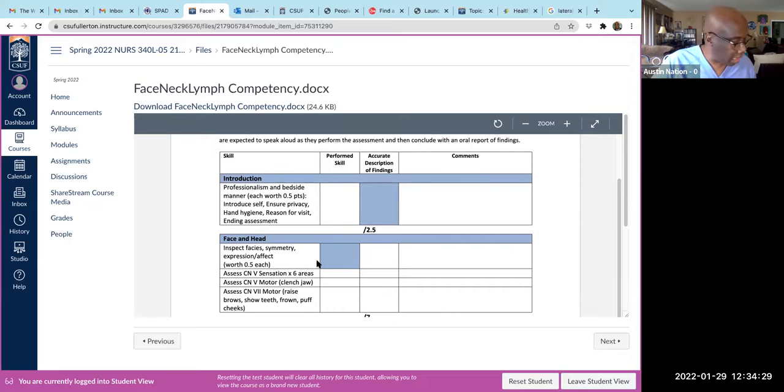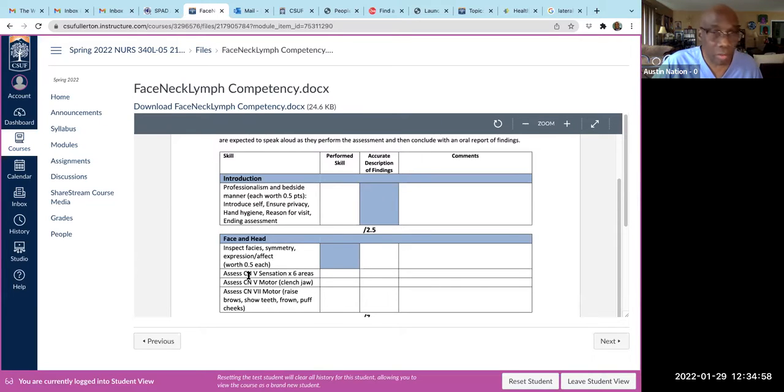This assessment is a little different because instead of the four that I gave you, which are your key four, inspect, auscultate, percuss, palpate, we're asked to inspect facies, assess cranial nerves. For this assess skill, I changed it to ask, A-S-K.